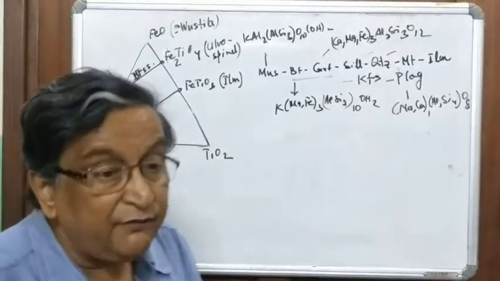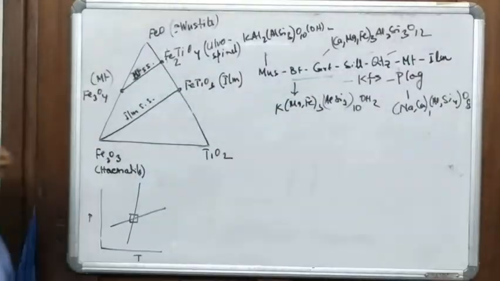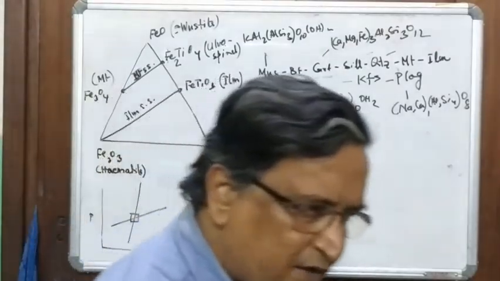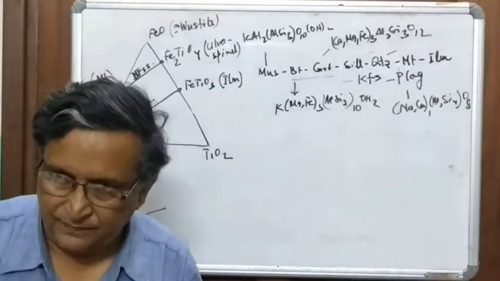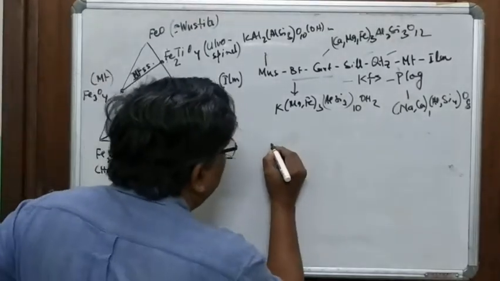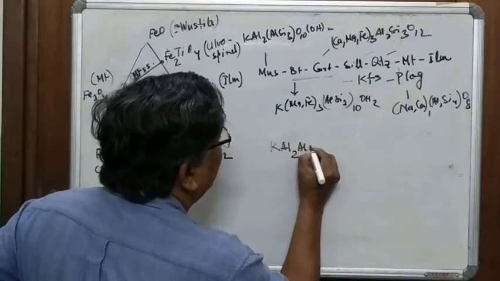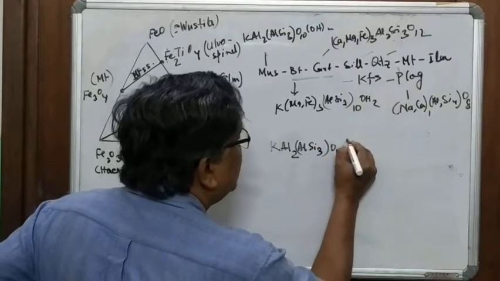What extra information can I extract out from the rock? Now you see, you have hydrous minerals. So obviously you can write a reaction whereby H2O comes out as a phase component. Let's see, for example, as written, KAl2AlSi3O10(OH)2.